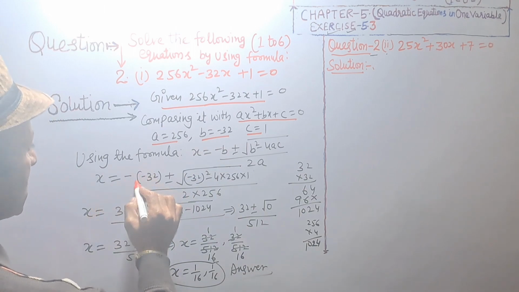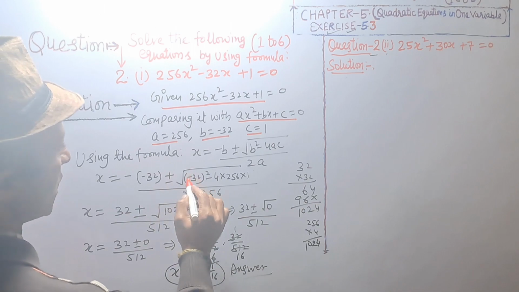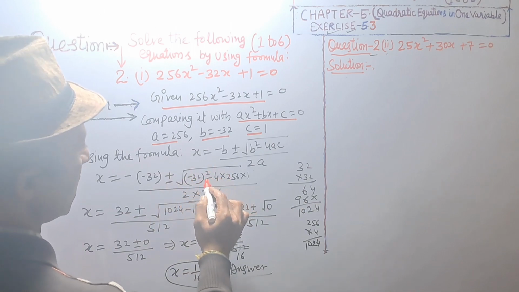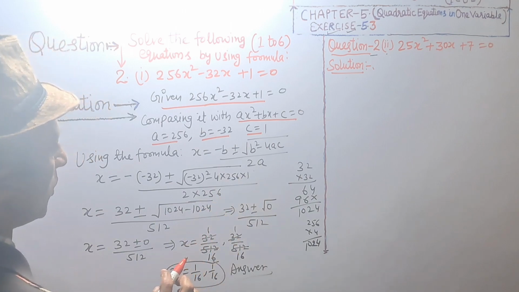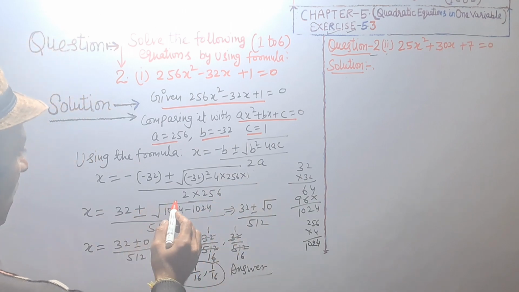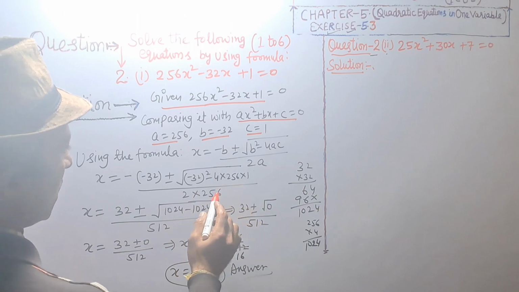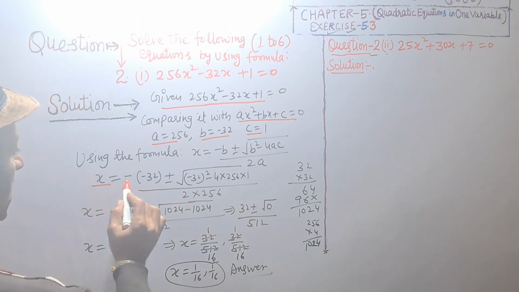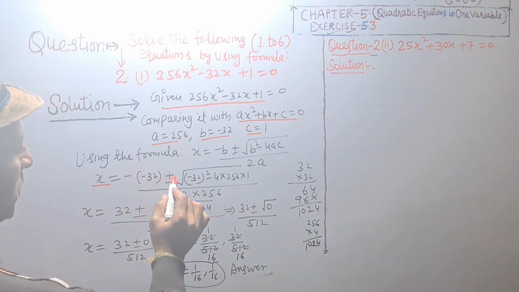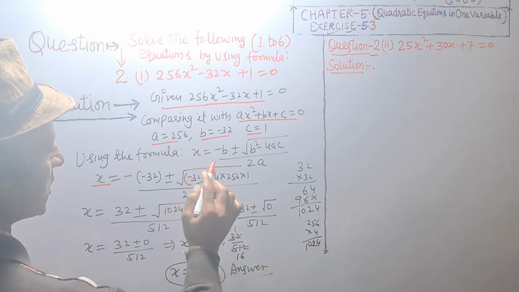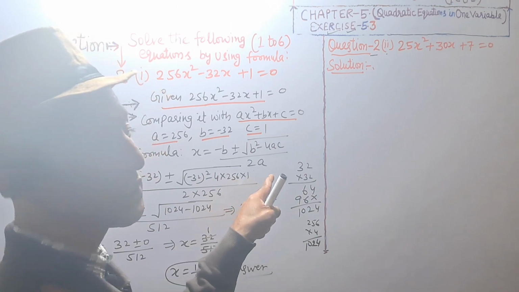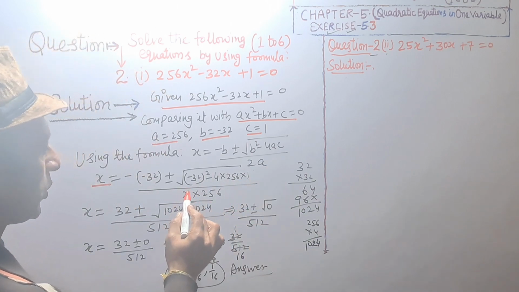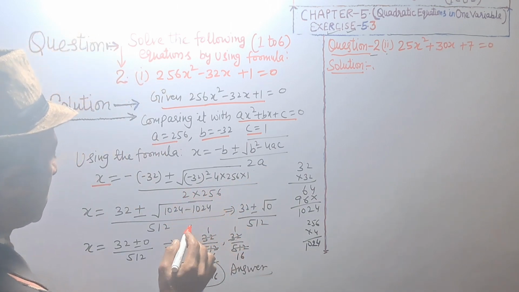X equal to minus 32 plus minus root minus 32 square minus 4 into 256 into 1 divided by 2 into 256.